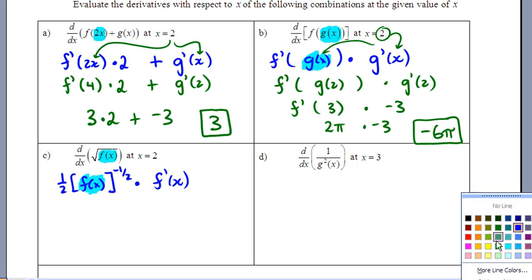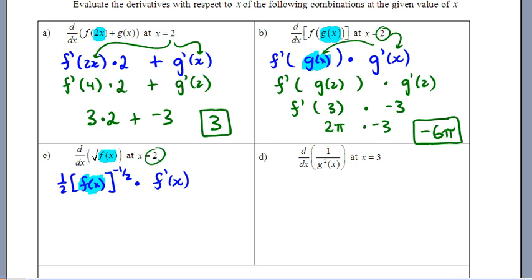And now I can evaluate this for 2. Just put the 2 in wherever I see x's. So I'm going to have 1/2 f of 2 to the negative 1/2. Okay, let's look and see what f of 2 is. Looks like it's 8 to the negative 1/2 multiplied by f prime of 2. Well, f prime of 2 is 1/3. Okay.